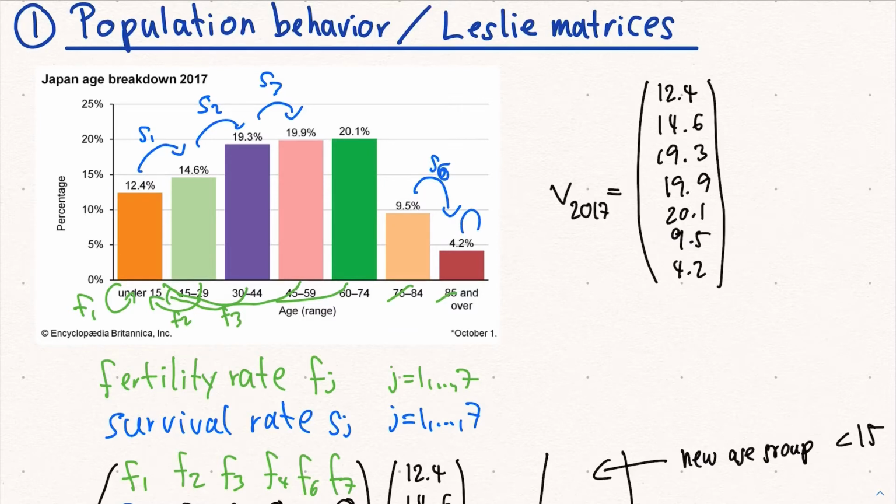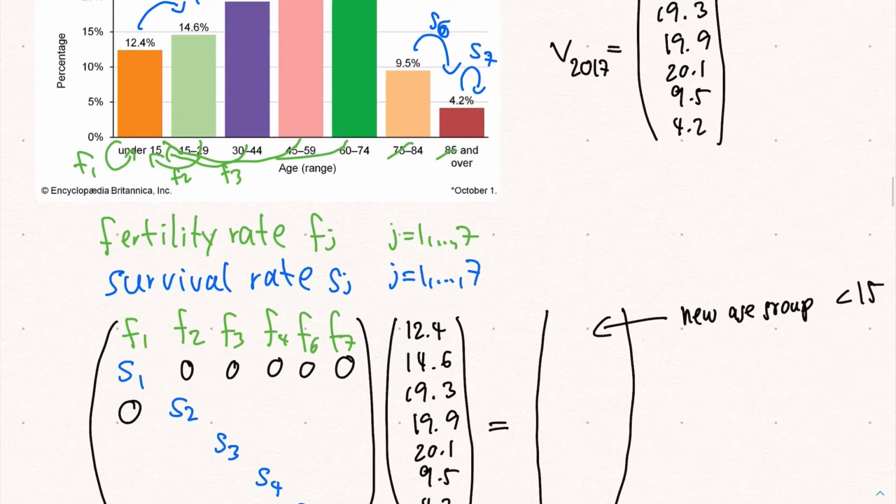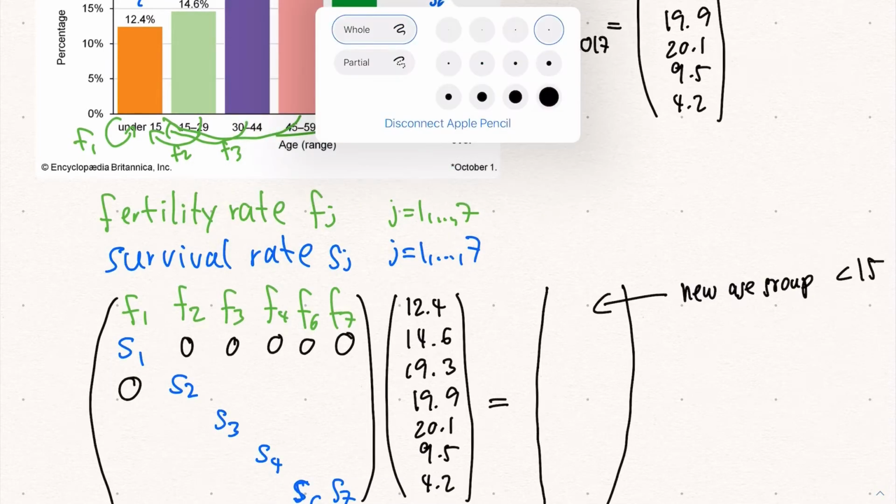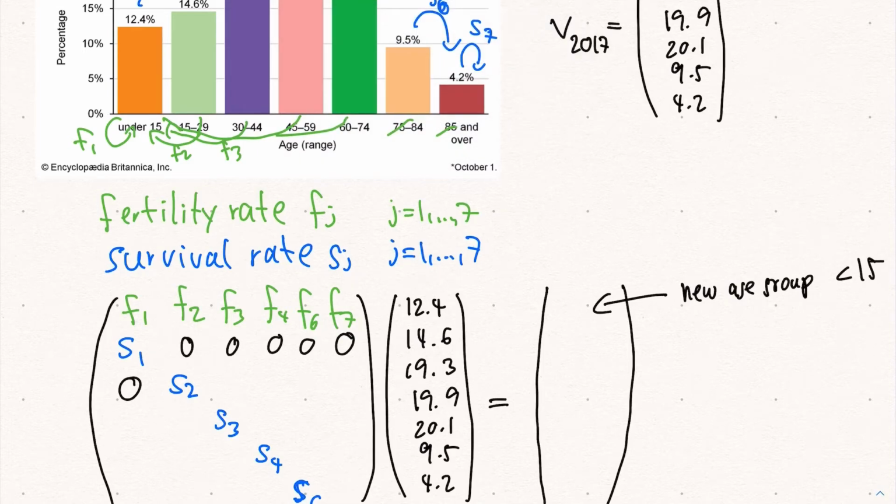And maybe in reality it also makes sense to say, well, maybe some of these also survive, but usually this is set to be 0. But this is S7 here. But maybe I will leave it out here. And the rest is just 0.